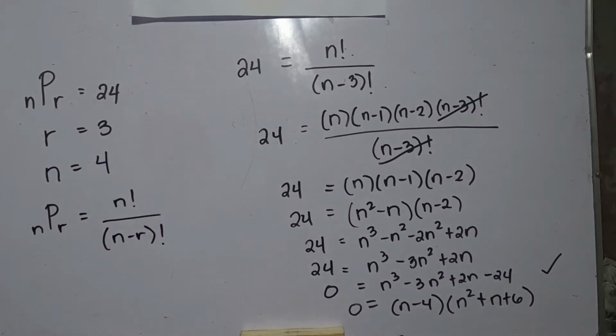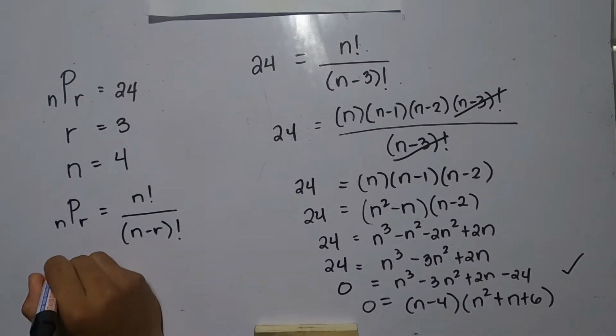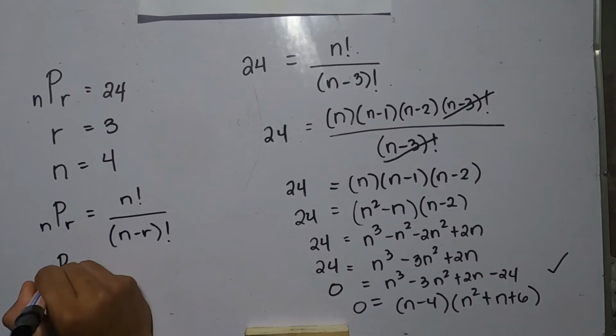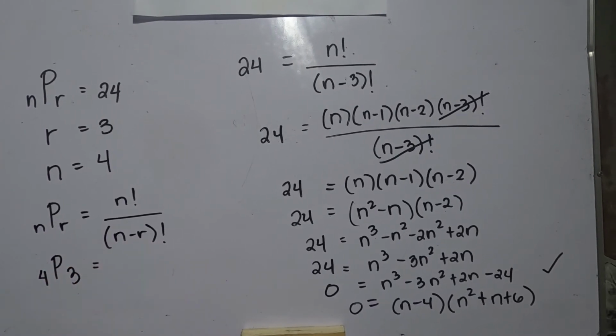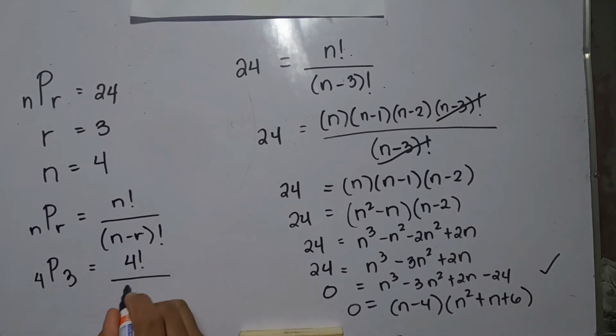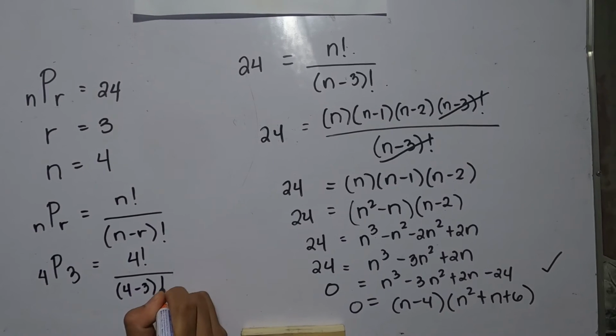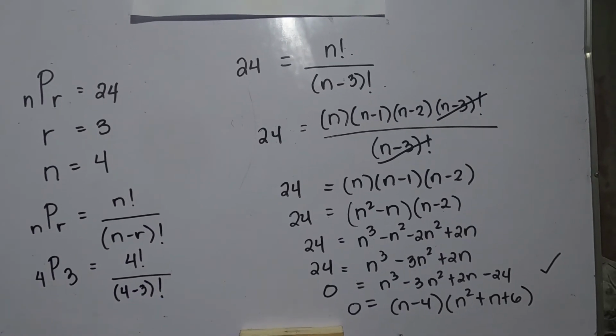So by checking, we evaluate permutation of 4 taken 3. That is 4 factorial divided by the quantity of 4 minus 3 factorial.